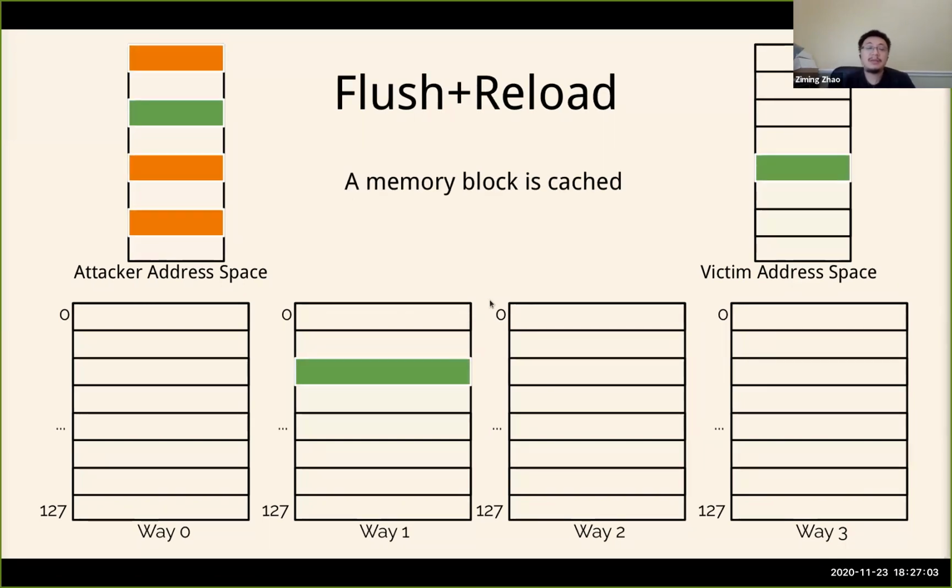So that's why we have another approach called Flush and Reload. That instruction will take a virtual address as input and flush the cache line that stores the data from that location.